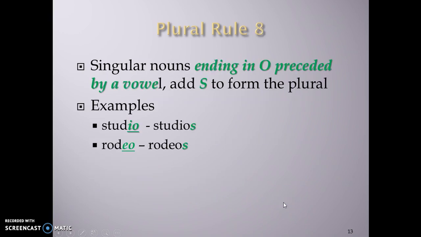In rule number 8, we have nouns that end in O. If it ends in O and is preceded by a vowel, you add an S to form the plural. So studio, which ends in a vowel plus O, I plus O, becomes studios. Rodeo becomes rodeos.